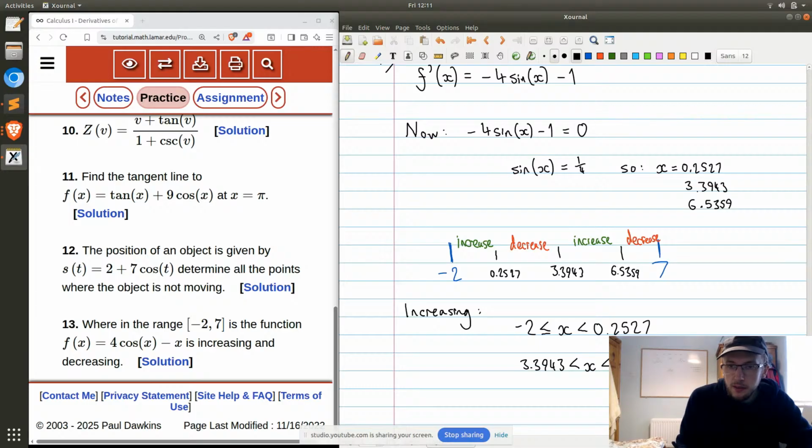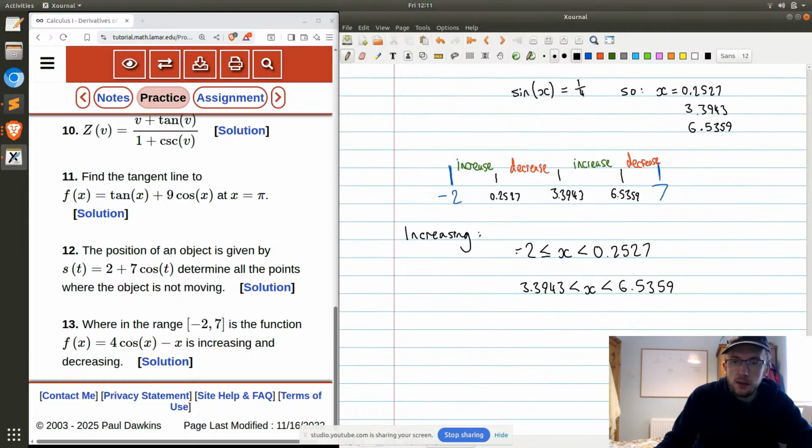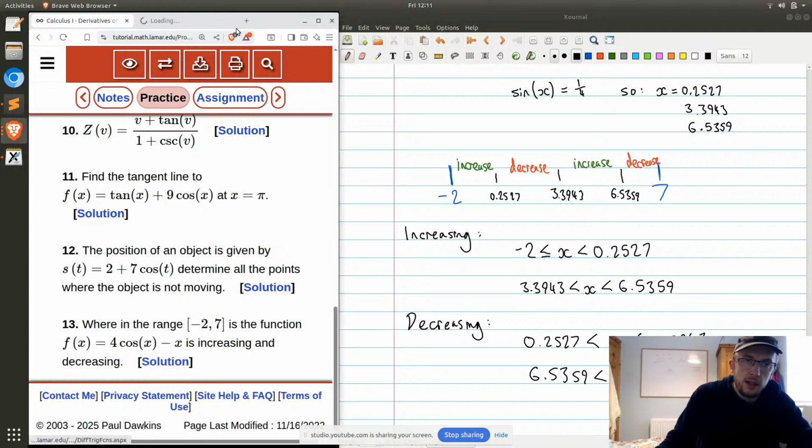And the reason why I don't include the borderlines is because that's where the f prime of x is 0. And so the function's neither increasing nor decreasing there. And then decreasing would be for the other ones. So I think like that, and then one more like that. Now we check.